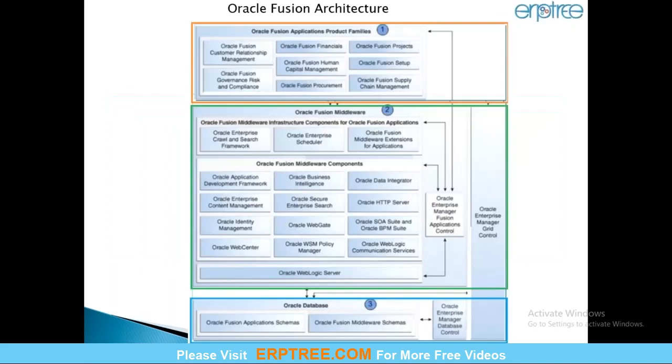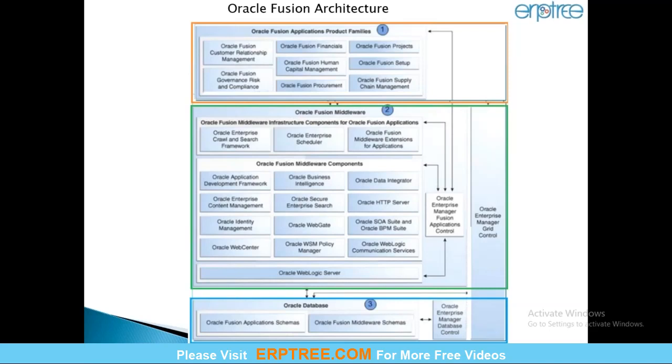And then we have the application architecture, so you can understand how Fusion applications are built. On the top you have applications like your CRM, financials, projects, procurement, and SCM, all built on the Fusion Middleware.